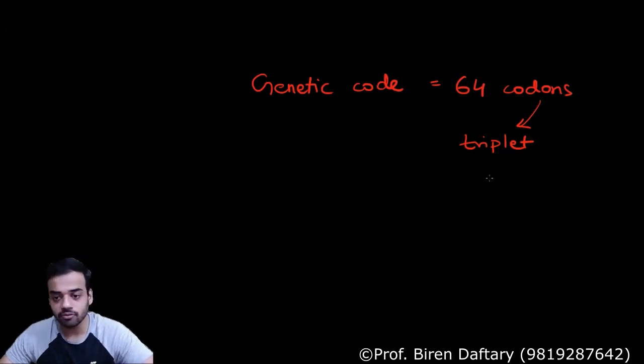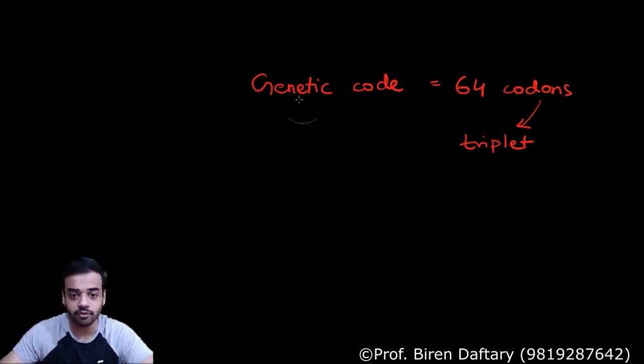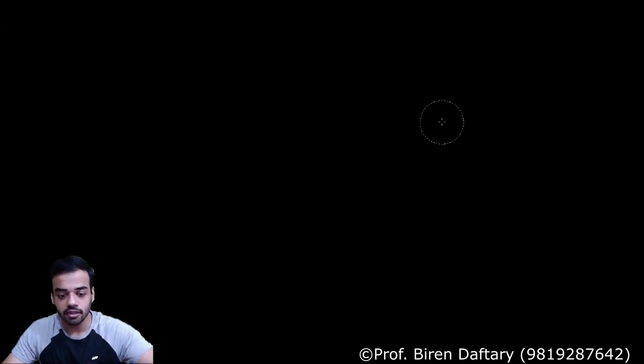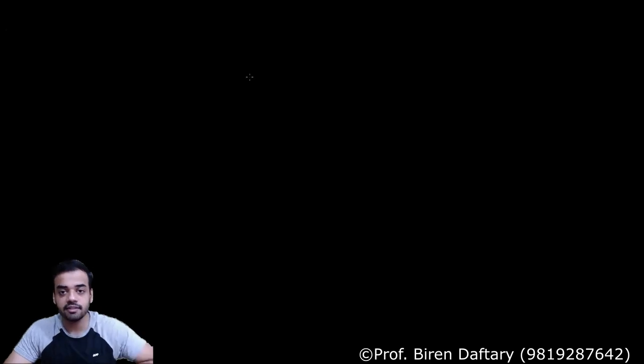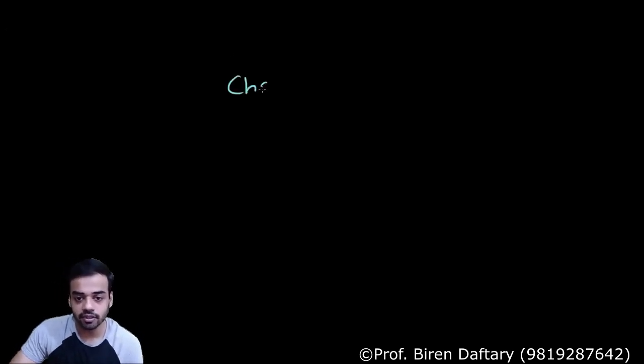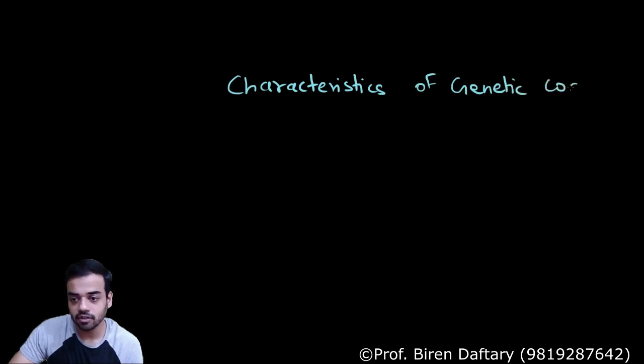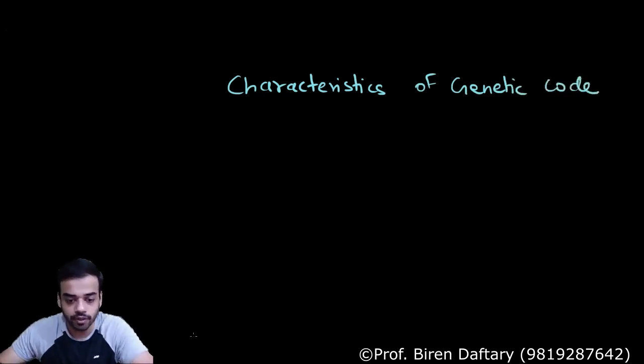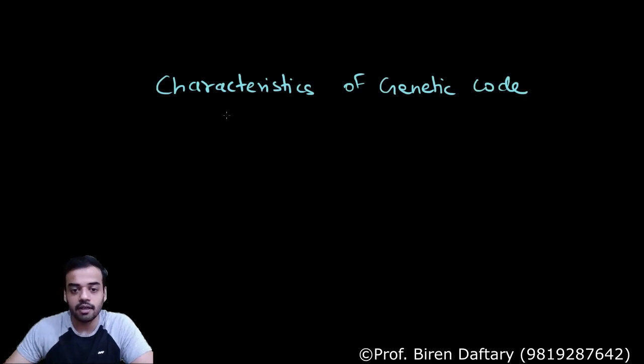Now today we are going to start with the next part, which is very important from your board exam point of view, and that is about characteristics of genetic code. So we are going to see the different characteristics. There are 10 characteristics given in your book.